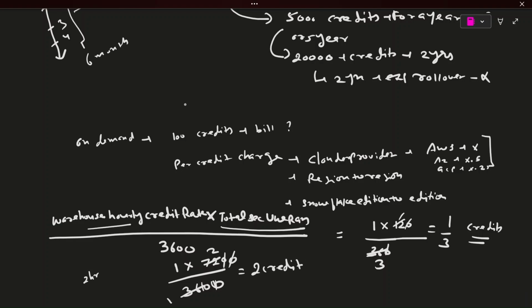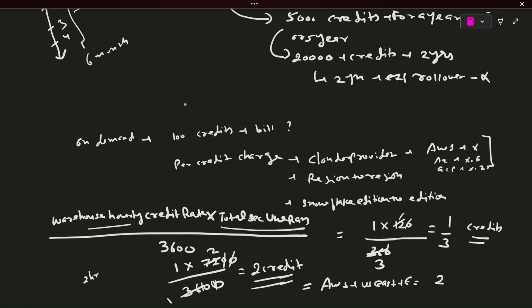Right? Then 2 credits. Now I need to convert this to how much bill I am going to get for these 2 credits. So let's say it's AWS, US East region, and it's, let's say, the Enterprise edition.